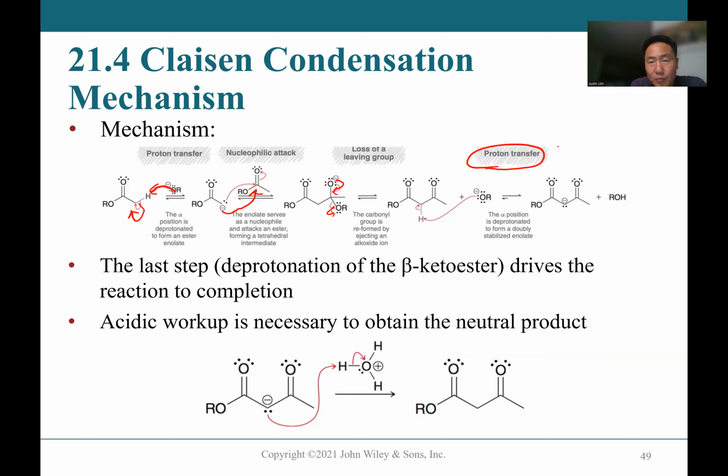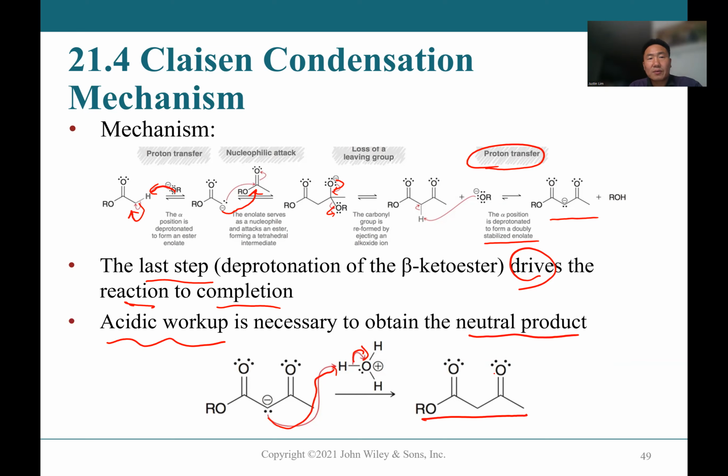After the proton transfer step, you can generate a stabilized enolate. So the last step drives the reaction to completion. We need acid workup to obtain the neutral product.